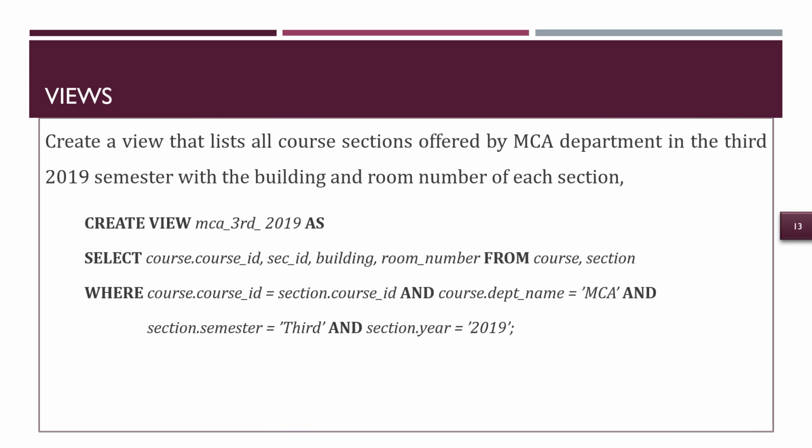And course.department name is equal to MCA, and section.semester is equal to 3rd, and section.year is equal to 2019. So the tuples that satisfy all these four conditions will be displayed. That will be moved to a virtual table which is having the name MCA 3rd 2019.